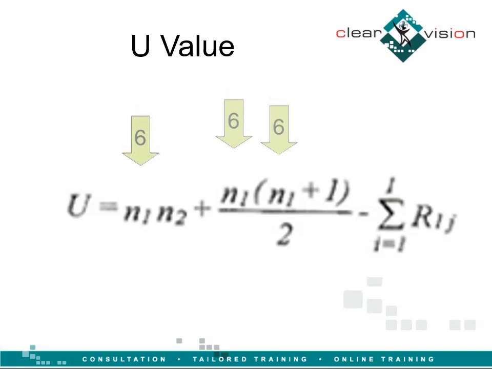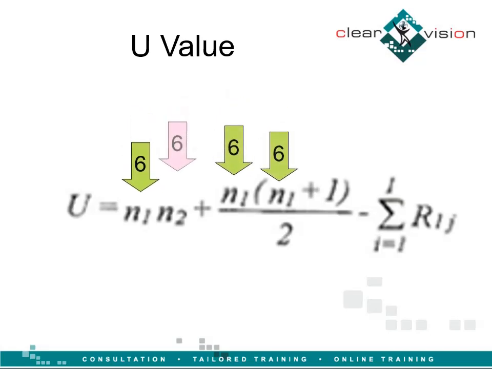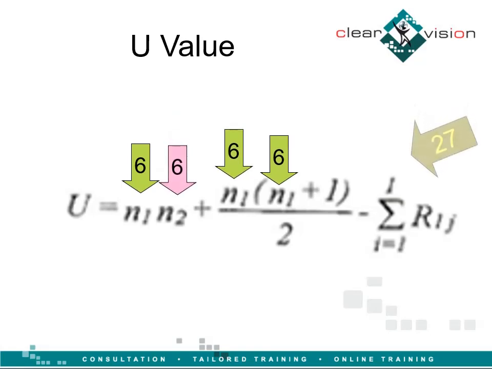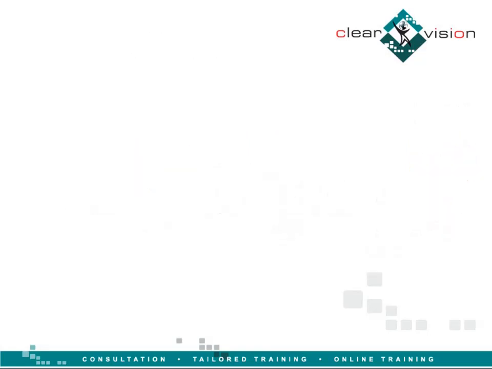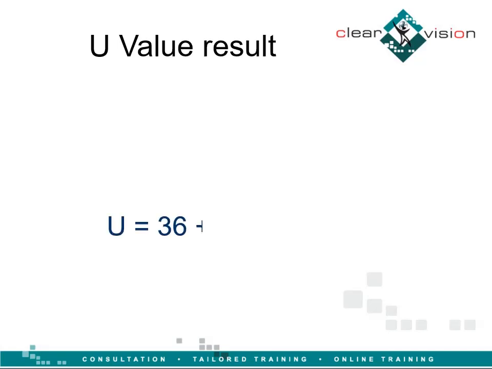N1 is the number of readings in group 1, which is 6, and N2 is the number of readings in group 2, which is also 6. The sum of the ranks for the first group is calculated earlier as 27. Plugging the numbers into the equation will result in a U value equal to 30. Then we need to use this value in calculating the Z value.